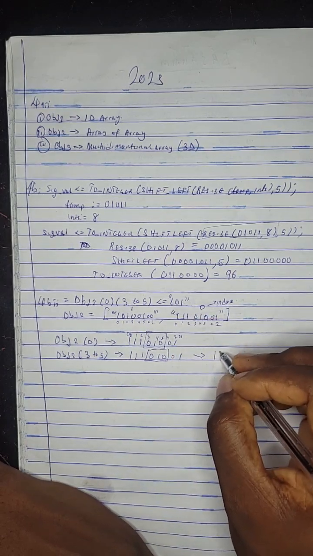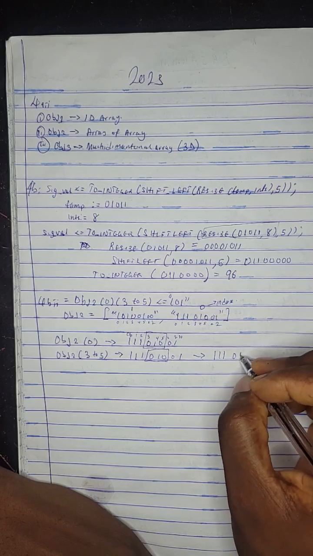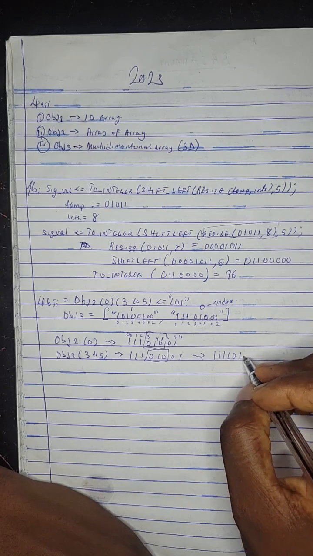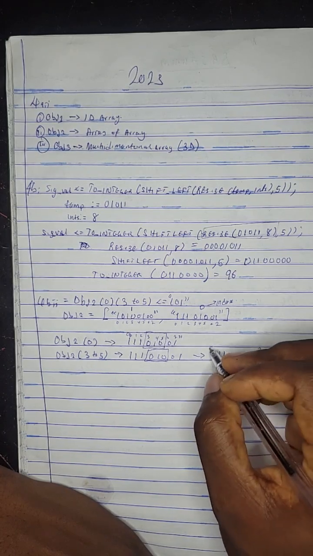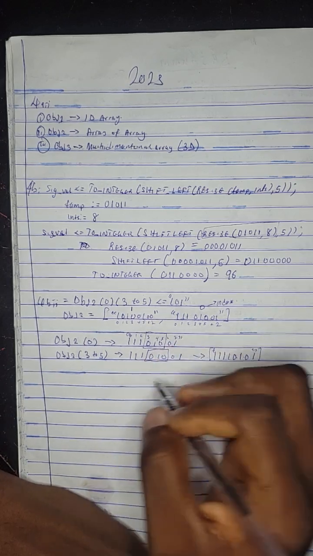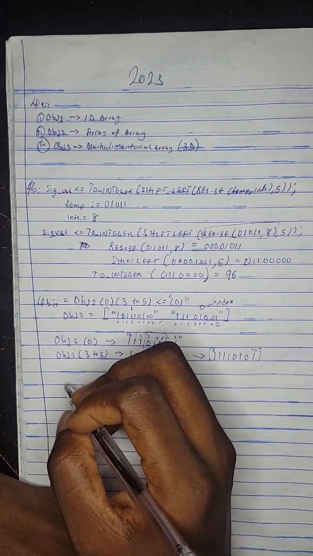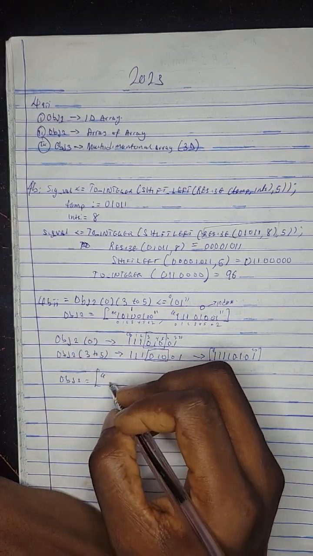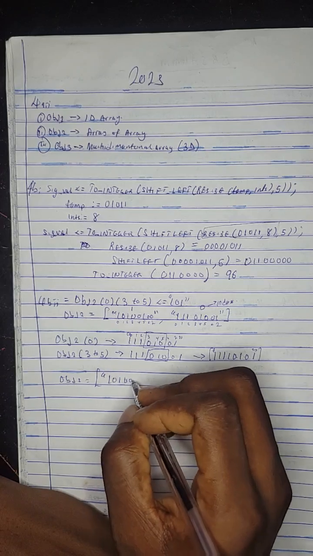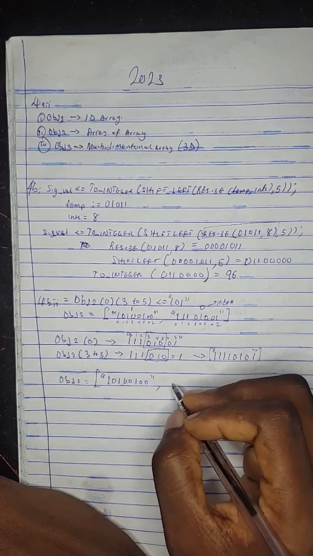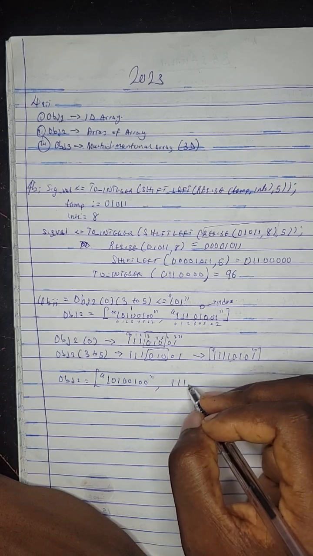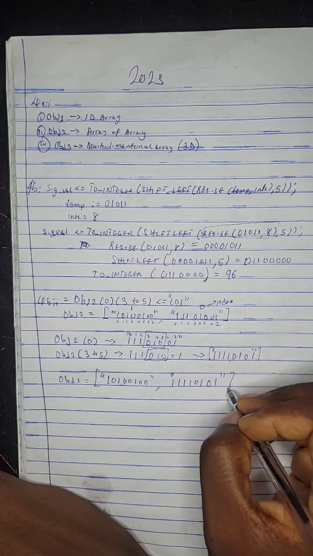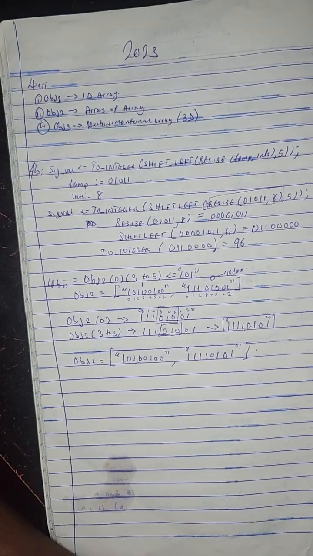So what we have is 1 1 1 1 0 1 0 1. So this is what we have. So now what we are going to have in objects 2 will be equal to 1 0 1 0 0 1 0 0 1 1 1, which is this one here, 1 0 1 0 1, which is this one. So that's going to be the answer for this one.